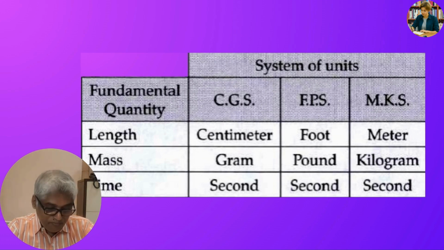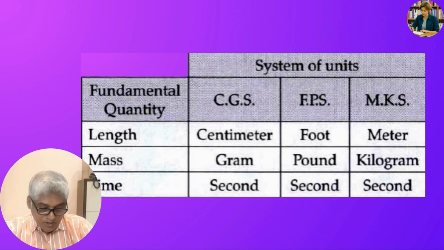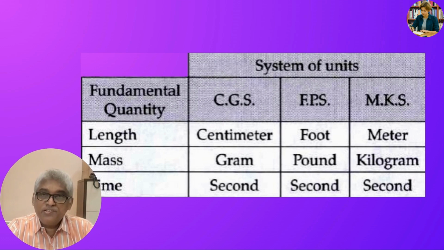Now look at this diagram. CGS means centimeter, gram and second. MKS means meter, kilogram and second. And FPS means foot, pound and second. Now we know that this FPS or European system we still use in some places.